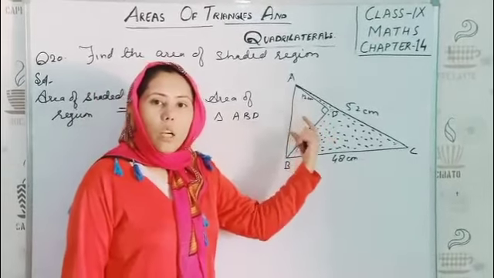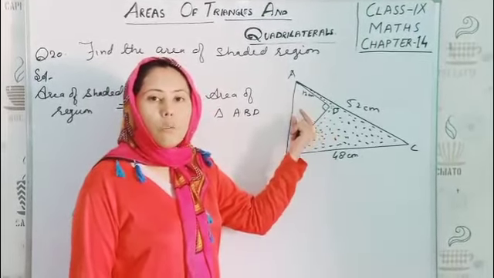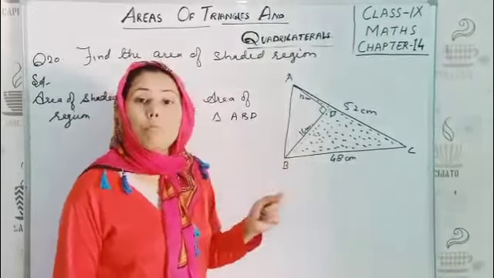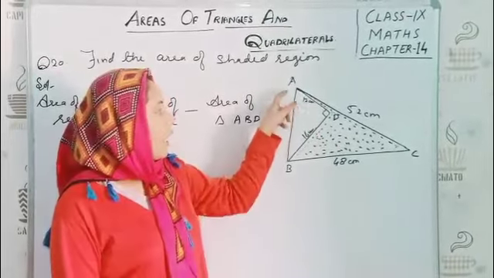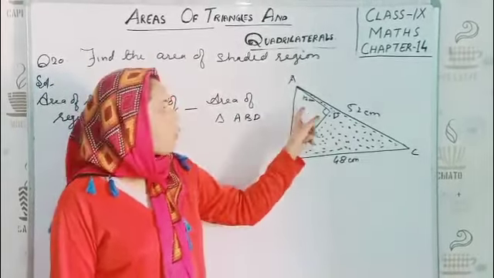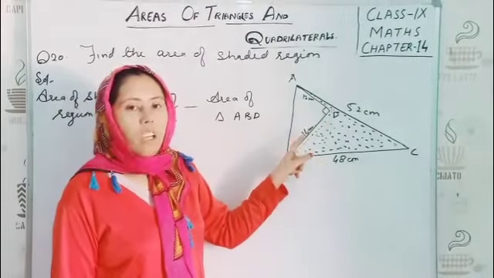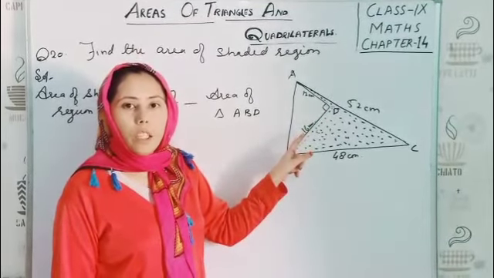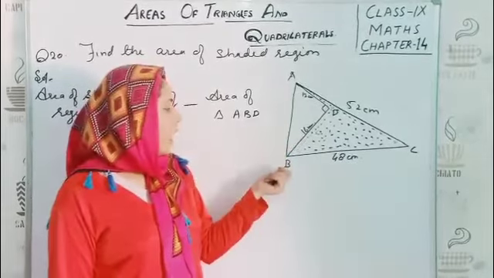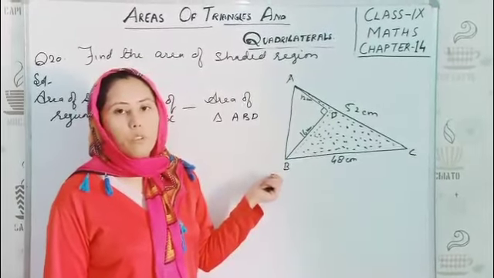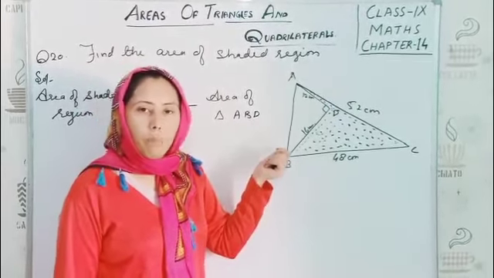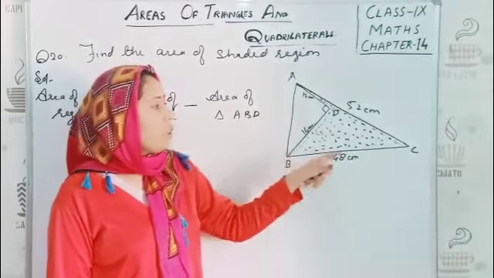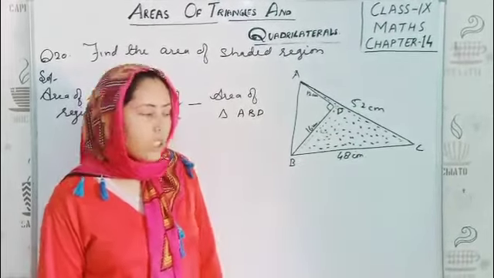But before applying half base into altitude, we will use Pythagoras theorem. We will find this hypotenuse. If 12 centimeters is the base and 16 centimeter is its perpendicular, then this AB acts as the hypotenuse. So we will first of all find the hypotenuse. Then we are able to calculate the area of the triangle.